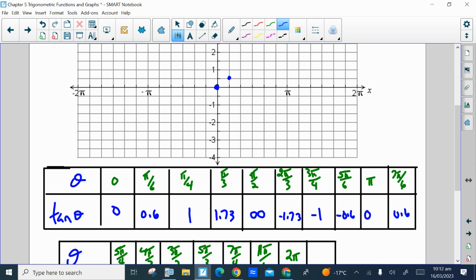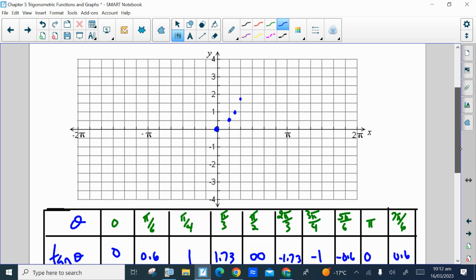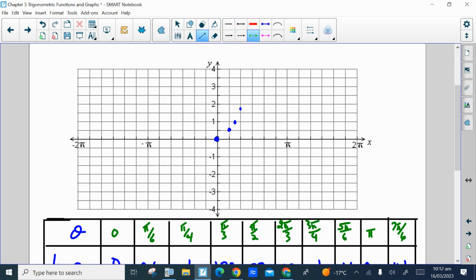At pi on 4, or a quarter pi, which will be 1.5 units, here we're at positive 1. At pi on 3, which is 2 pi on 6, we're at 1.73. And then at pi on 2, or 3 pi on 6s, we have our first vertical asymptote. And we have our next vertical asymptote at 3 pi on 2, or 1.5 pi's.